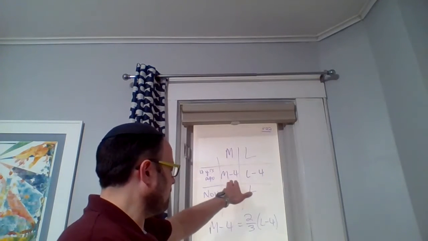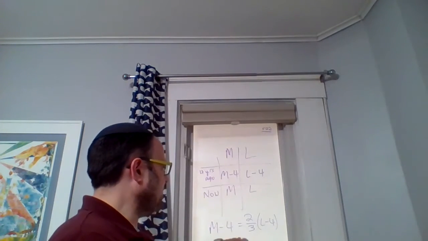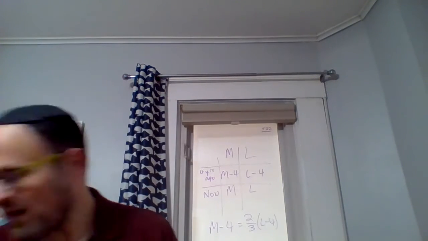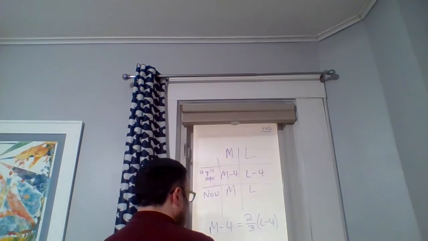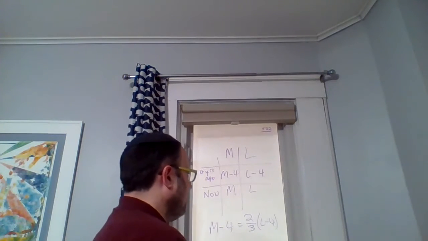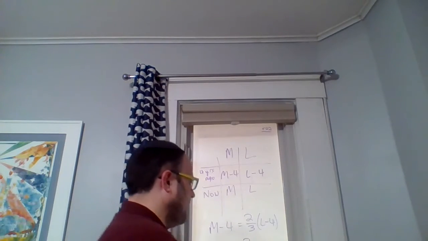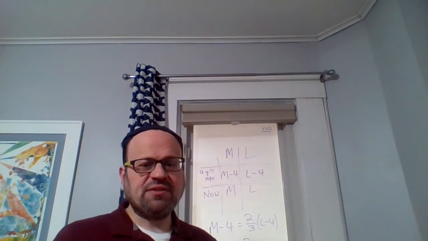Just right from the chart, Marianne's age, 2/3 Lester's age. Now, what about now? Marianne's age now is M equals 3/4 L. We got our two equations.